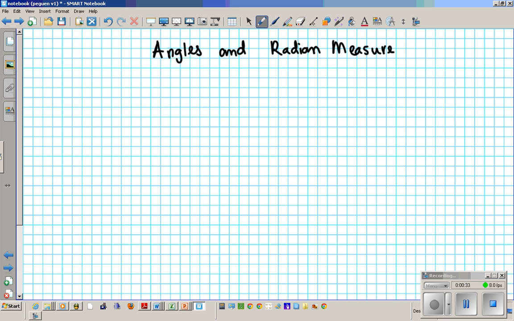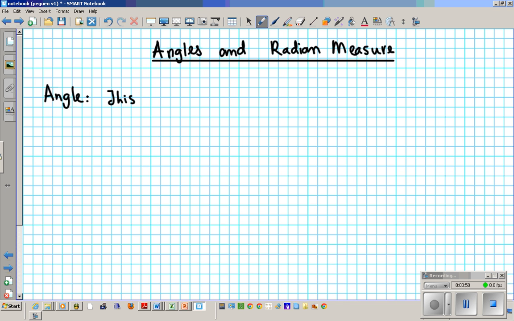Okay, let's start off by defining what an angle is, and then we're going to take a look at what the graph looks like. So write this down. Angle, this is the definition. Angle.